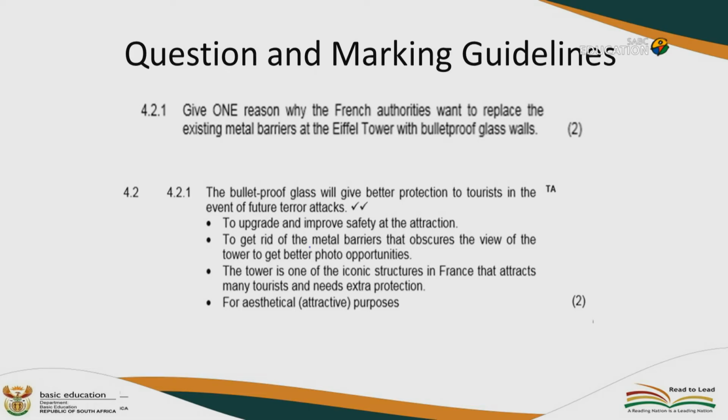The tower is one of the iconic structures in France that attracts many tourists and needs extra protection for aesthetical or attractive purposes. So maybe you mentioned bulletproof glass to prevent terrorist attacks, or because of terrorist attacks, you would have been granted a mark, or to upgrade and improve safety. Can you see how now the factors actually come in, the factors contributing to the success of a tourist attraction?